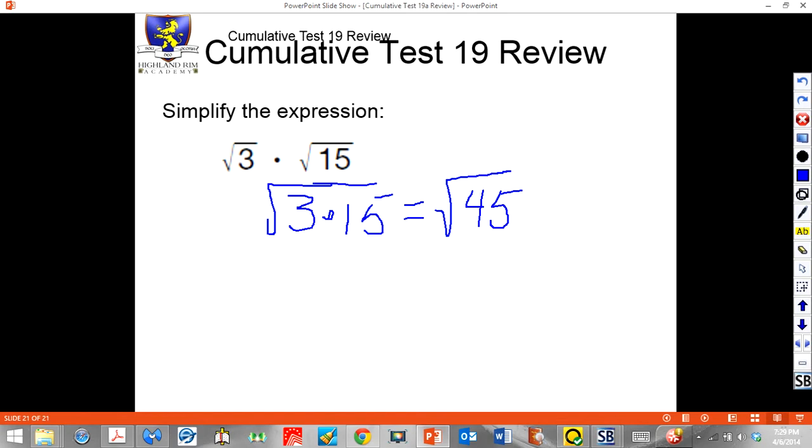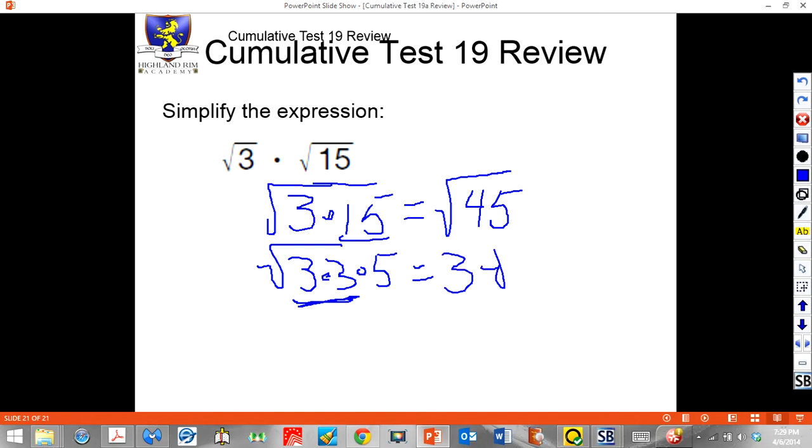So 45 is the square root of 3 times 3 times 5. And so we can pull the 3 out because we have a 3 times 3 under the radical. And that's equal to 3 times the square root of 5. And that's our answer. So this is the review.